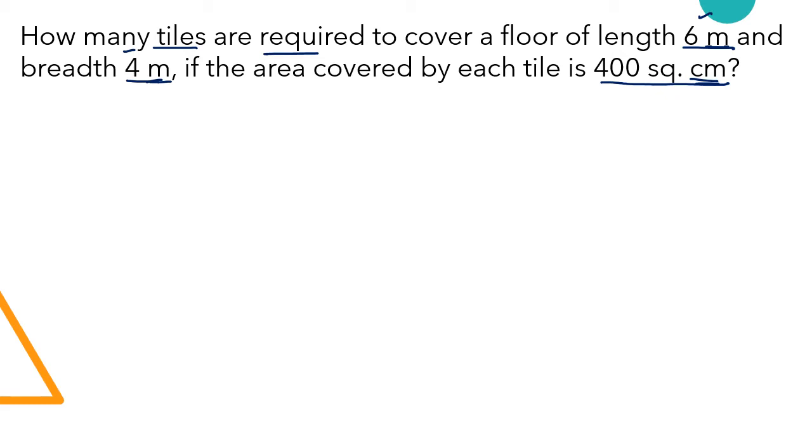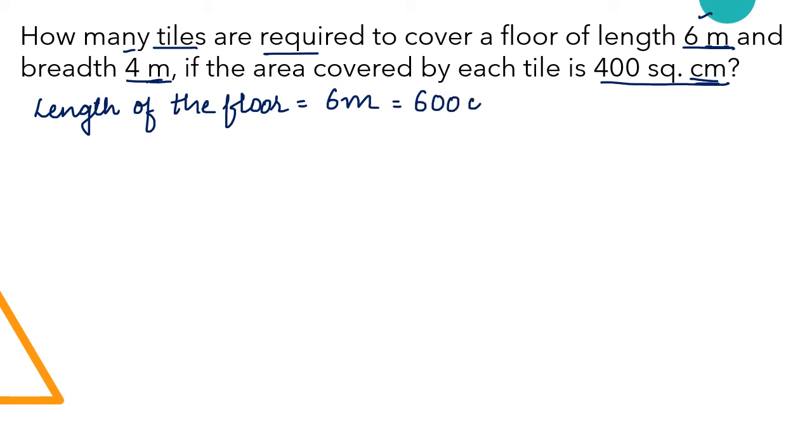Let us first write the length of the floor. It is equal to 6 meter, or we can write it as 600 centimeter, as there are 100 centimeters in 1 meter. So 6 meter will be equal to 600 centimeter.